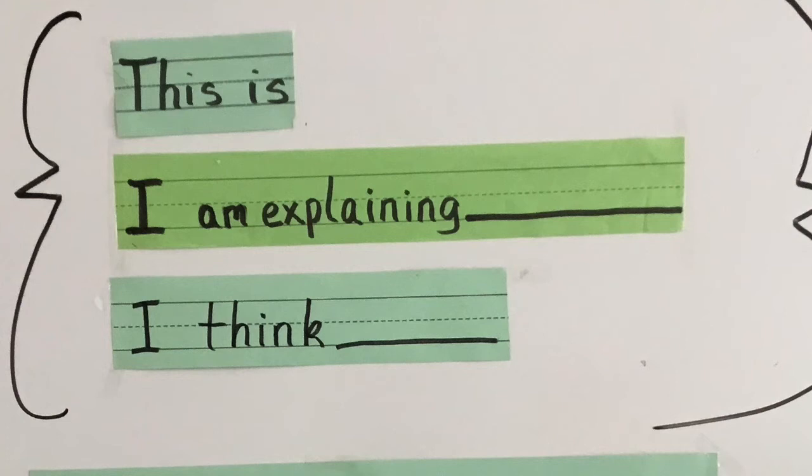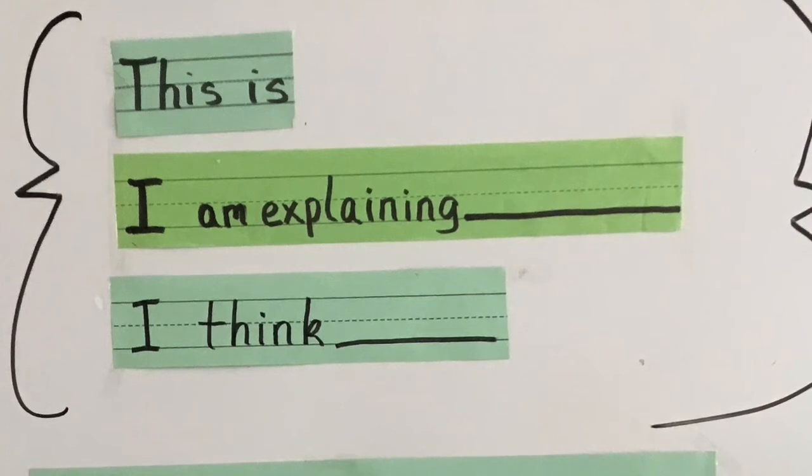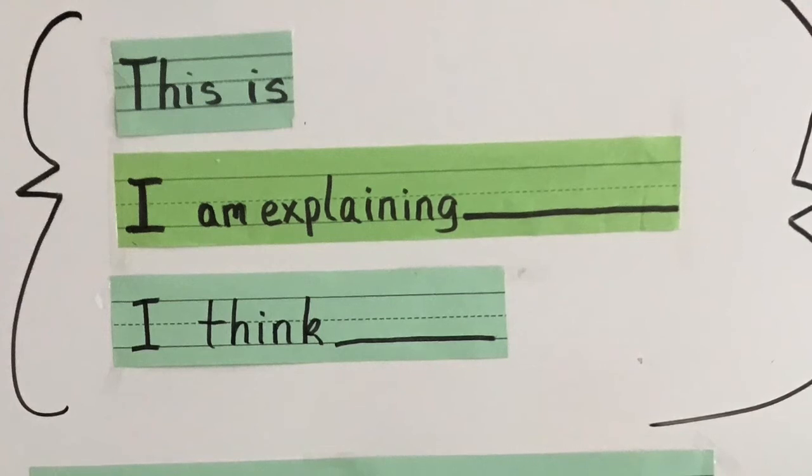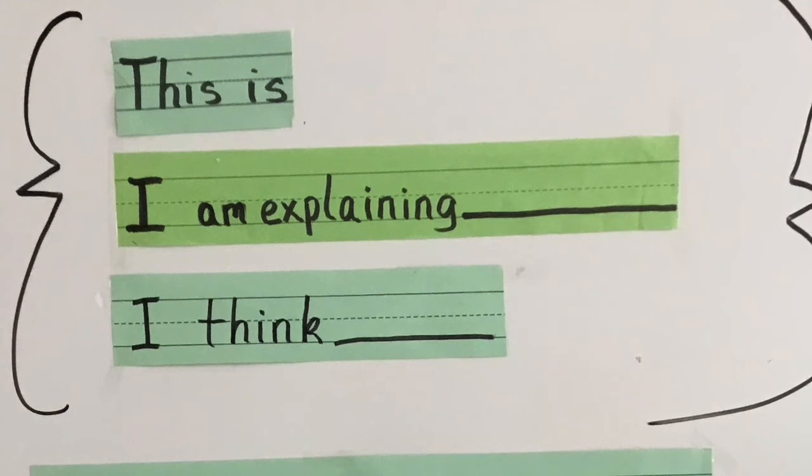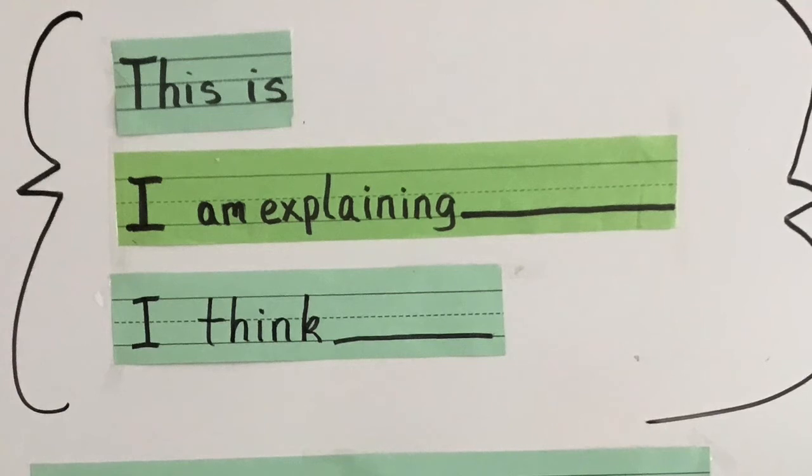Remember, your topic sentence is what you're talking about. It's what you're telling your audience. So remember, you're going to use as many words as you can from the question. My question was, can you explain how humus is made from decomposers?